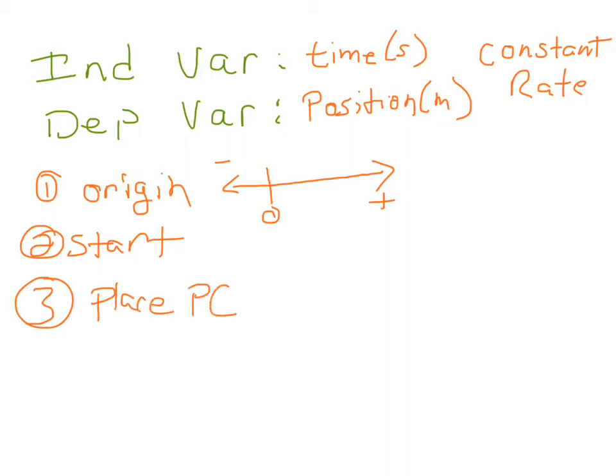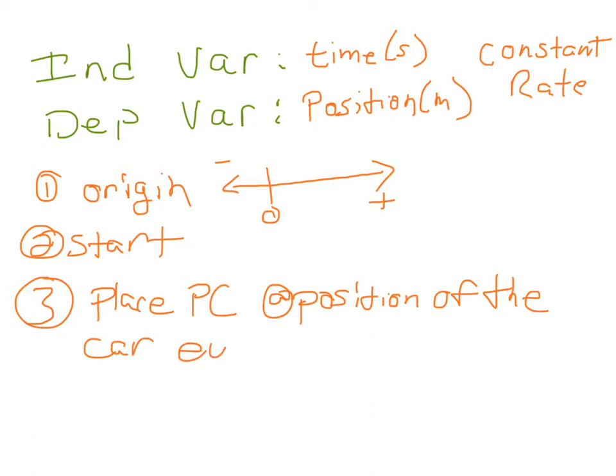at the location of the car, or the position of the car, every set amount of time. Let's just call it every 3 seconds for the sake of this discussion. So every 3 seconds, someone on your team, in your lab group, said now.